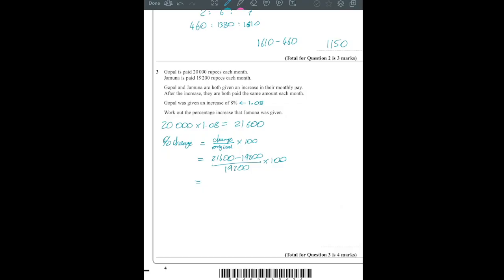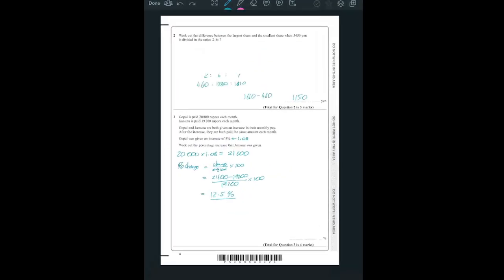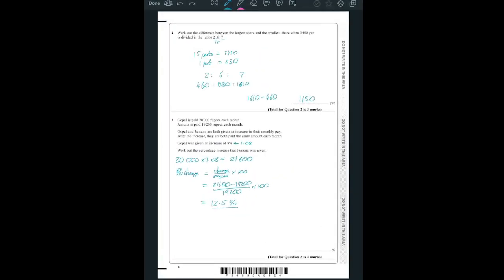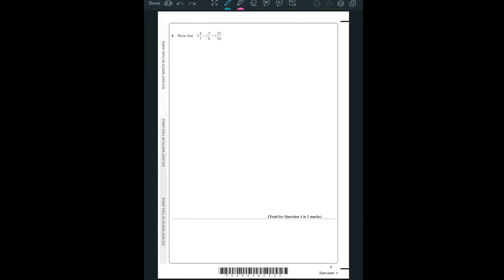So typing that carefully into our calculators is giving us a percentage change of 12.5%, which does make sense. They started with less money, so they needed a greater percentage increase to get to the same amount.